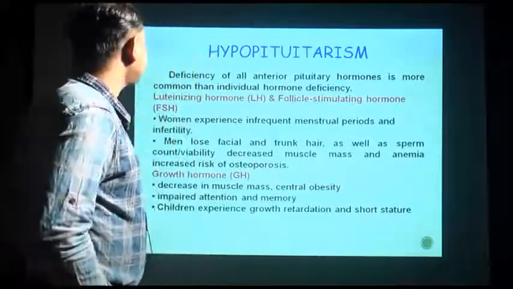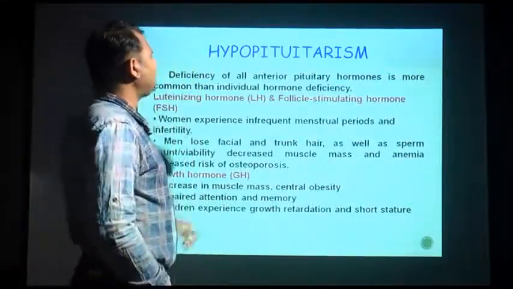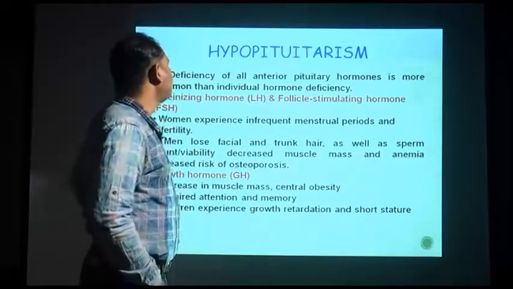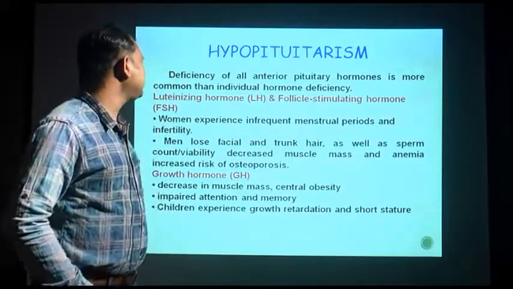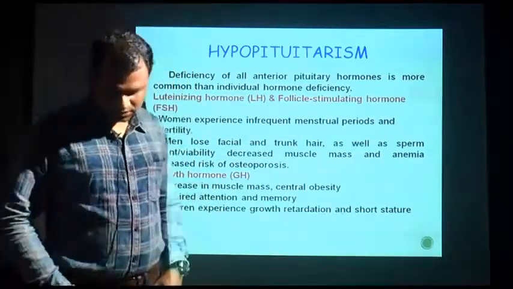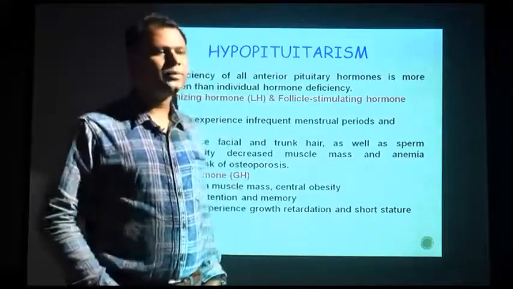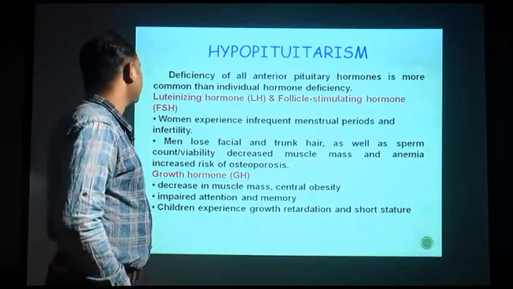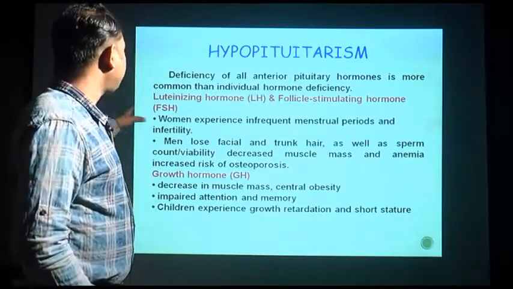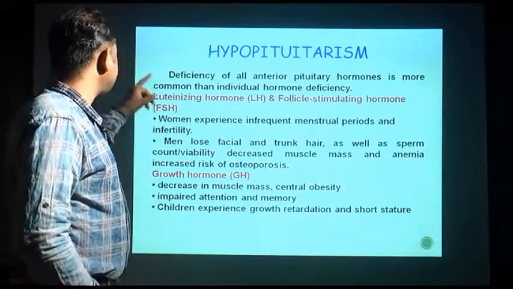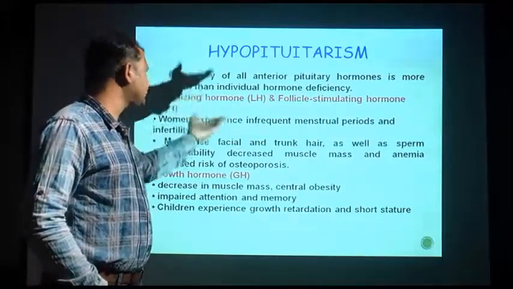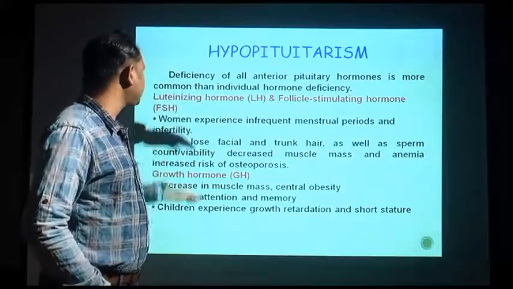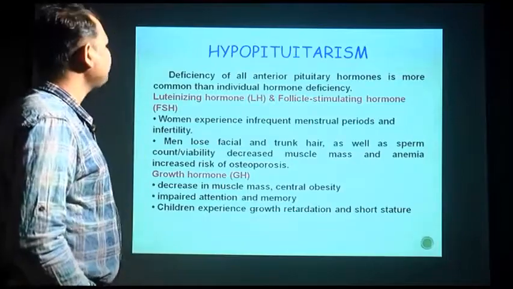Now, deficiency of all anterior pituitary hormones is more common than individual hormone deficiency. So you should all remember that in most cases panhypopituitarism is common. It can also affect two other hormones, luteinizing hormone and follicle stimulating hormone, which are very much responsible in women.